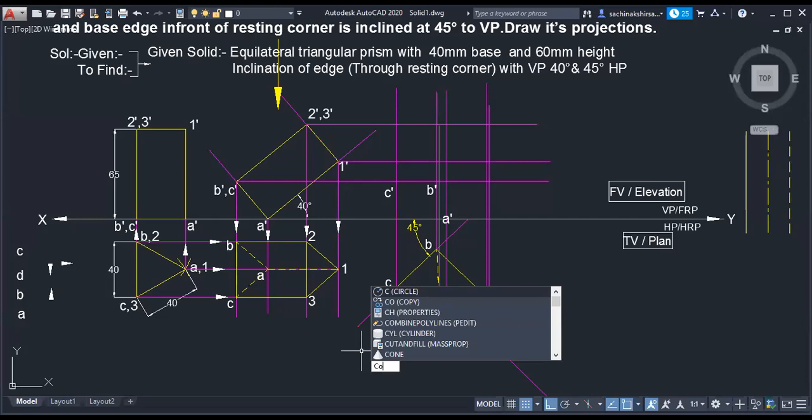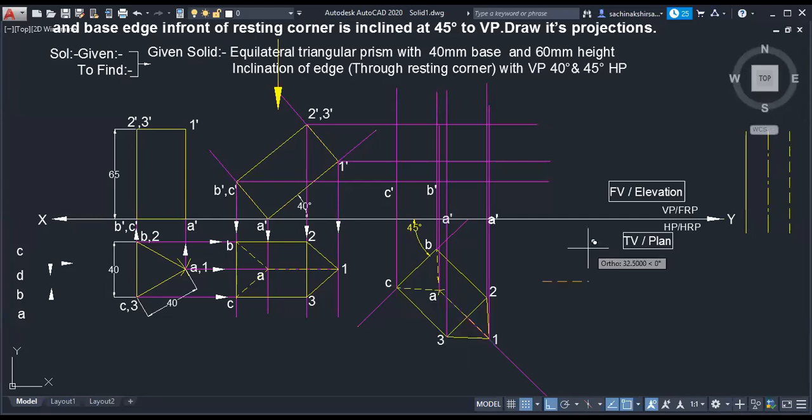So let us first locate 1 dash, on the rightmost line. Here there will be 1 dash. Then 2 dash, on the second line. 2 dash and 3 dash are on the same horizontal line.